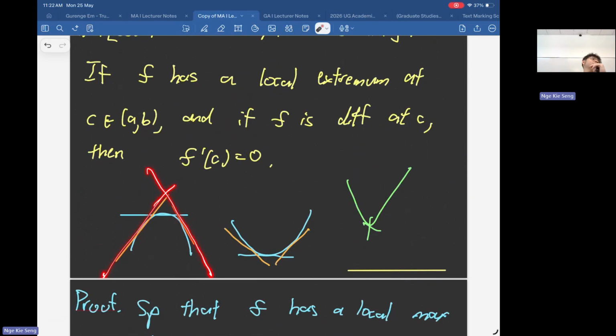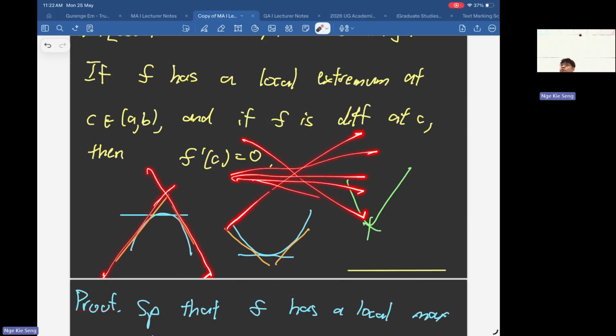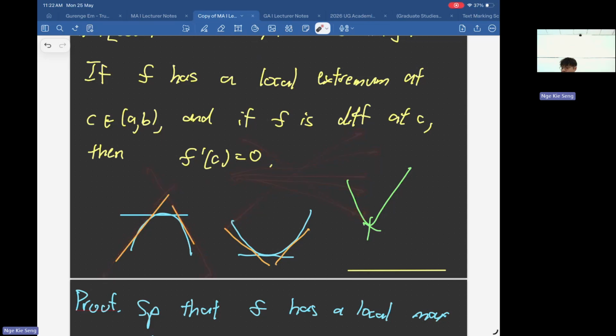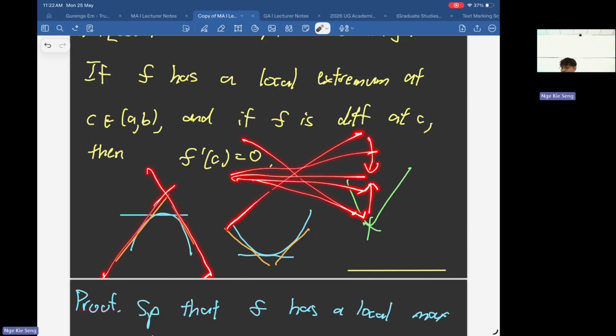Pictorially, I told you that if you want to move from here to here, you need to go through some horizontal point. The analysis uses the limit to tell you the left and right limits have to exist, meaning they have to meet somewhere. The place where they meet is going to be the horizontal line, like that. Does it make sense?